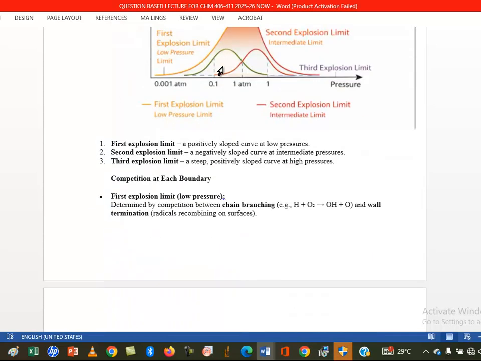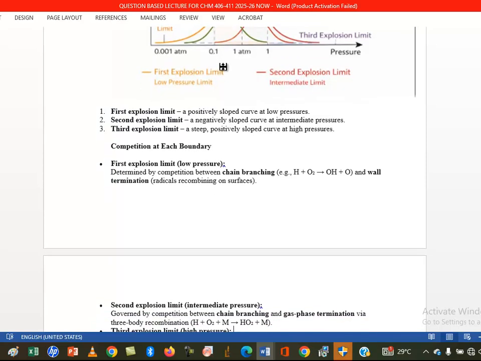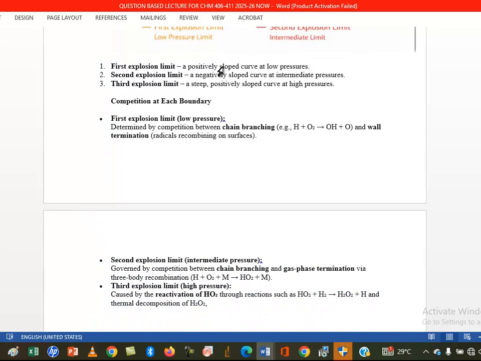Then the second part, which talks about the competition, is threefold. You have the first explosion limit, low pressure. At this point, there's competition between chain branching and wall termination. The second explosion limit, which is the intermediate pressure, you have a competition between chain branching and gas phase termination.